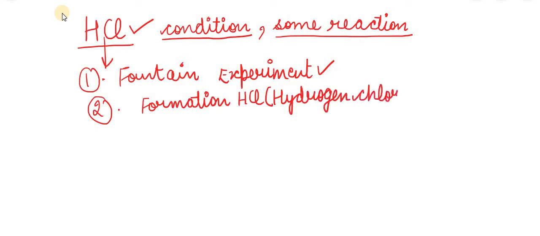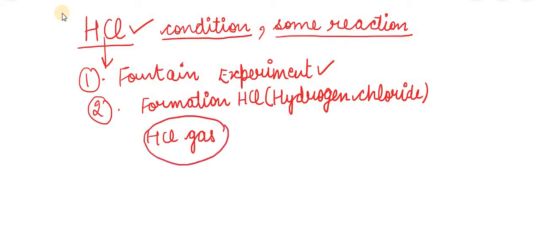Because in the previous video, in the last lecture, we studied the formation of hydrogen gas. From this hydrogen gas we want to prepare hydrogen chloride, that is the acid, hydrogen chloride or hydrochloric acid.